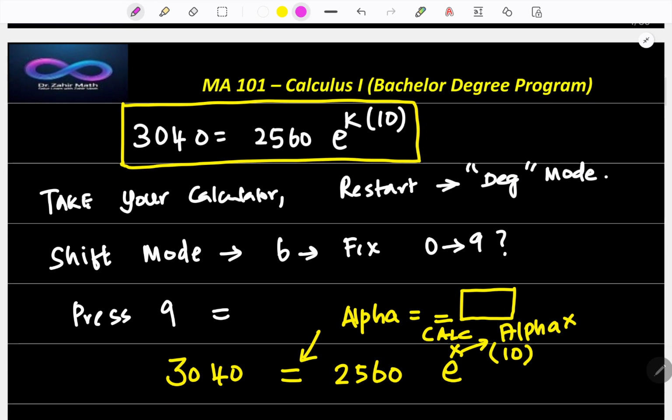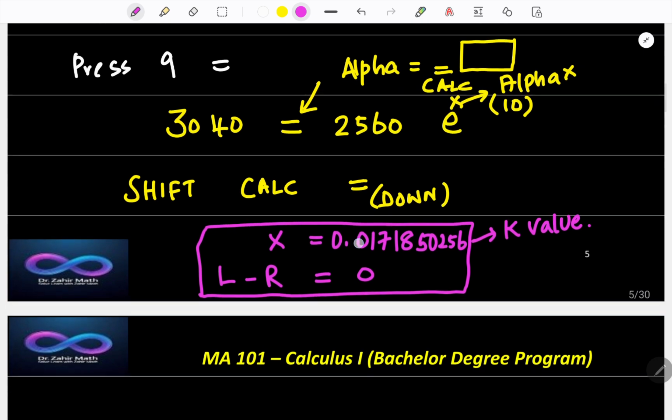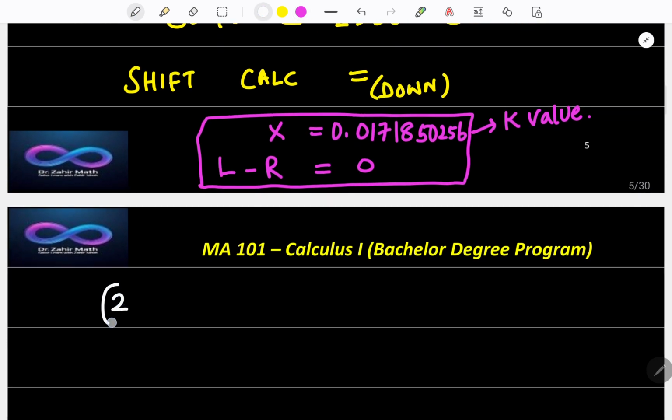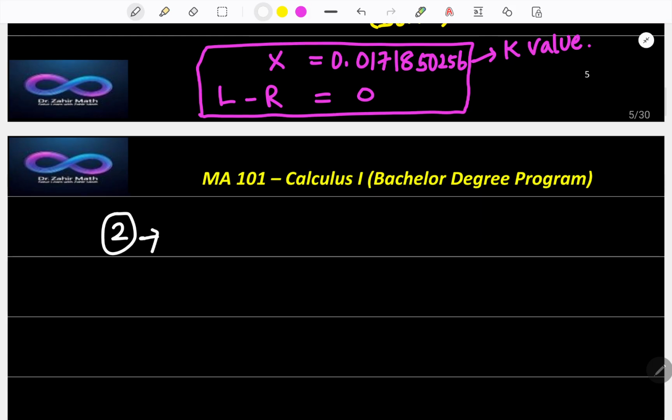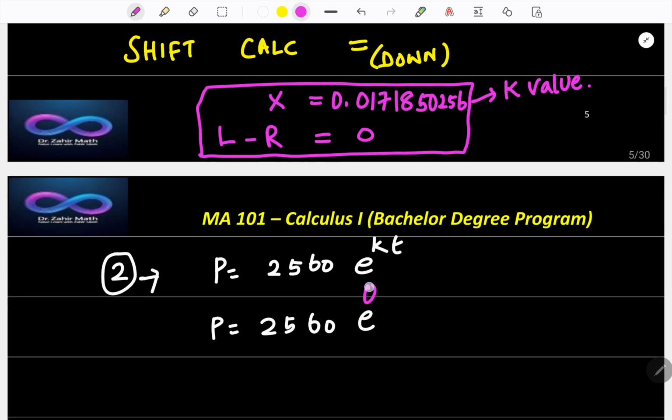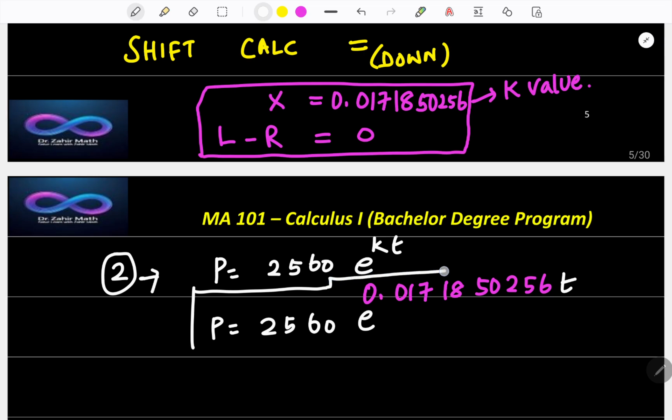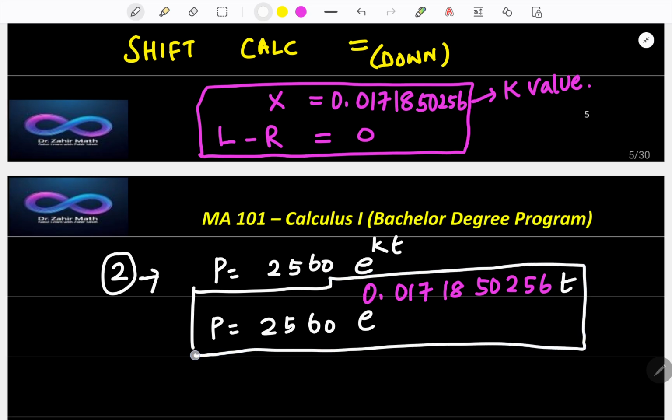So go back to equation number 2. There is no differentiation, keep that in your mind. Equation 2 is P is equal to 2560 e power kt. So P equals 2560 e power, with the K value I'm going to put in, 0.0171850256 times T. So this is your relative growth model.